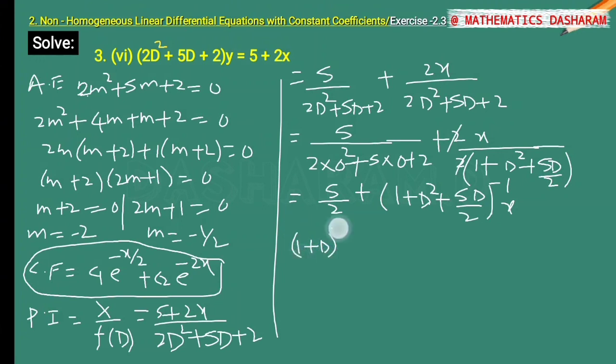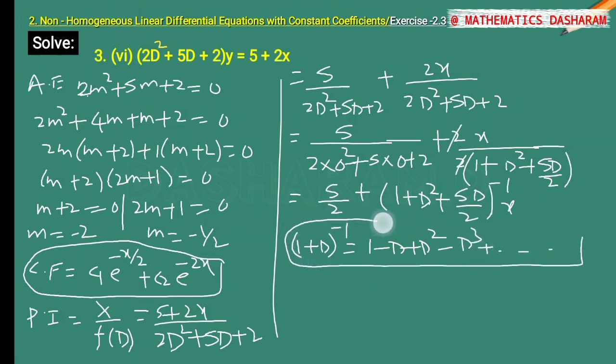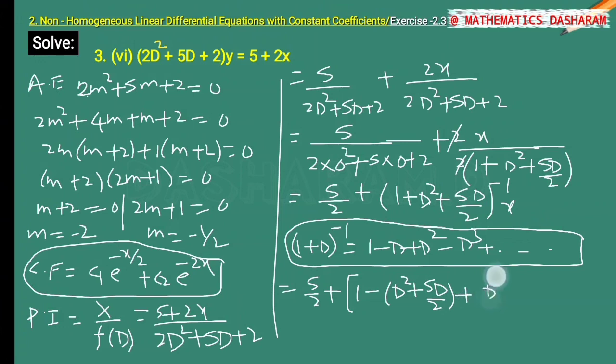So here apply (1 plus D) whole inverse equals 1 minus D plus D square minus D cube and so on. Here in the place of D we have (D square plus 5D) by 2. So 5 by 2 bracket of 1 minus D, that means (D square plus 5D) by 2, plus D square, that means ((D square plus 5D) by 2) whole square, and so on, into x.